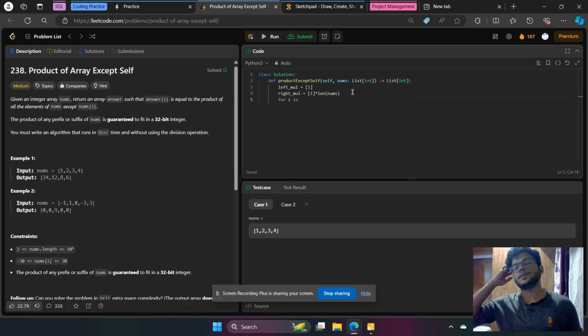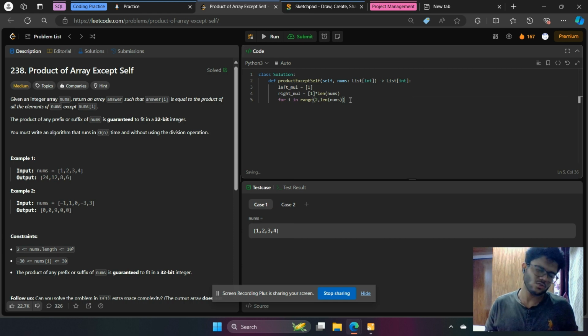First, I will try to fill the left multiplication array, for i in range. The first element I've already filled, right? I need to start from the second element, so the second element starts from index 1.